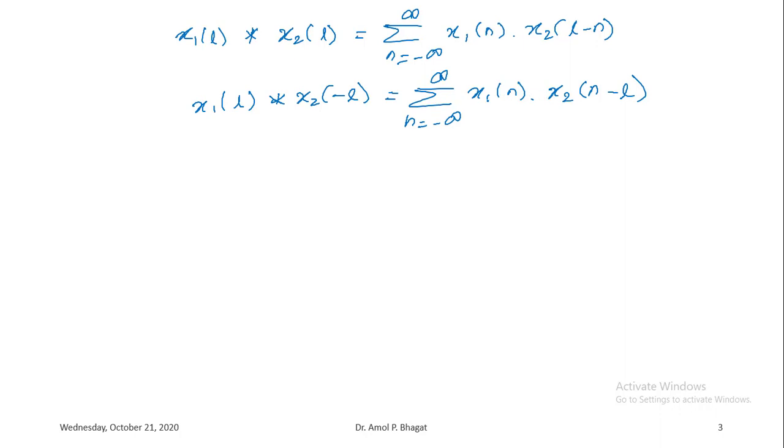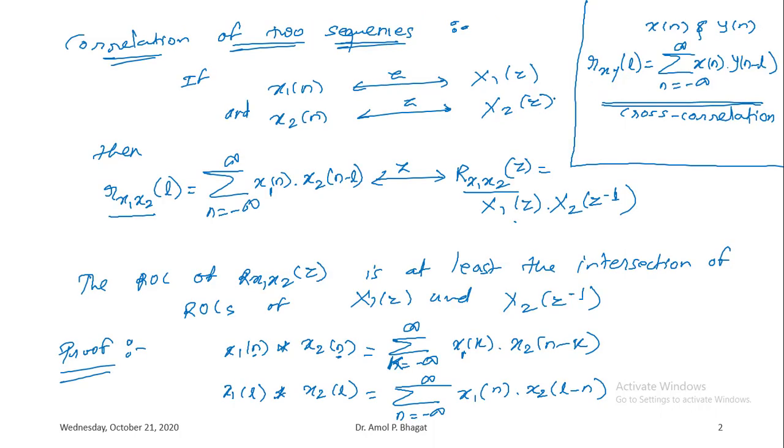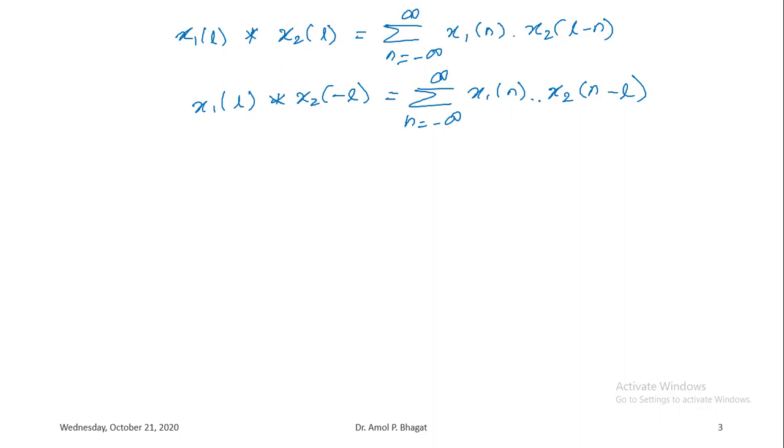So this summation, n equals minus infinity to infinity, x1 of n multiplied by x2 of n minus l, is nothing but the cross correlation, that is r x1 x2 of l, right? So this is the formula for cross correlation of x1 and x2, r x1 x2 of l.